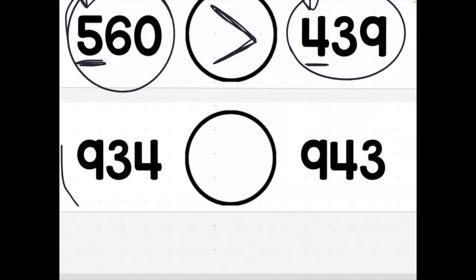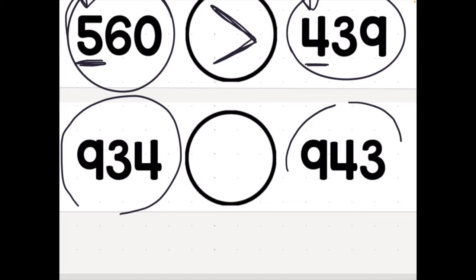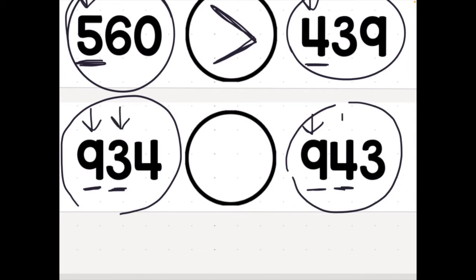Here we have 934 and 943. Okay, compare the hundreds place first. Here's the hundreds place, 900s, 900s. Okay, those are the same. We move on to the tens place. 3 tens, 4 tens.